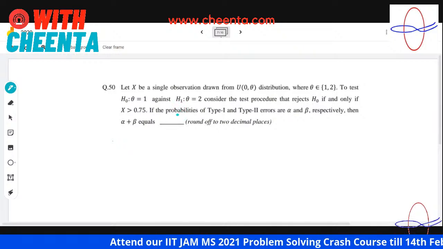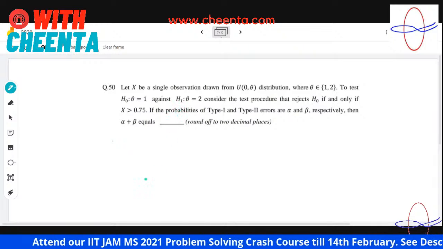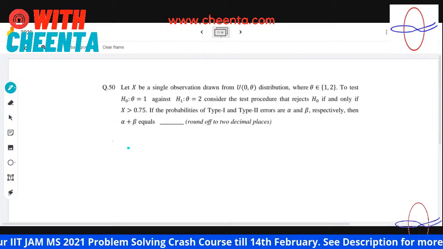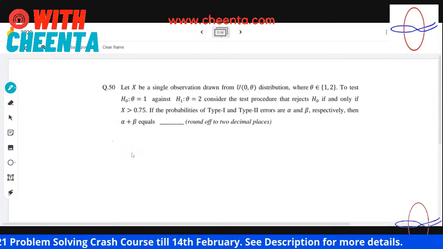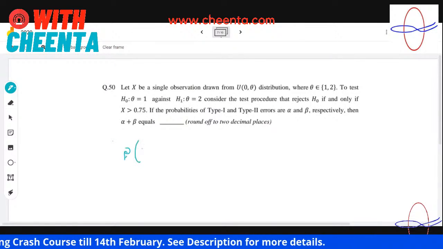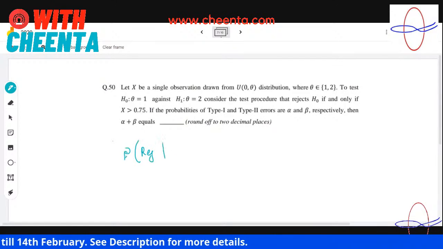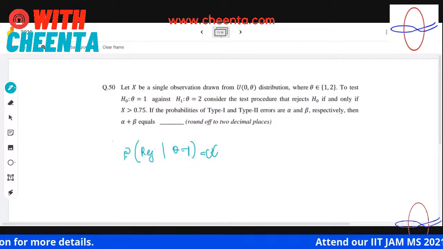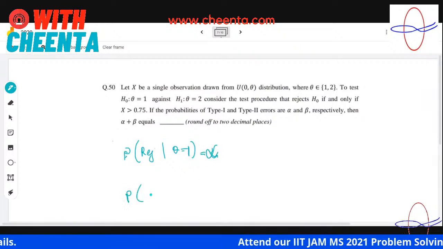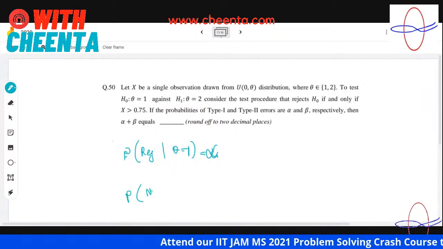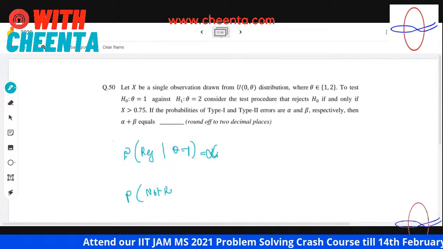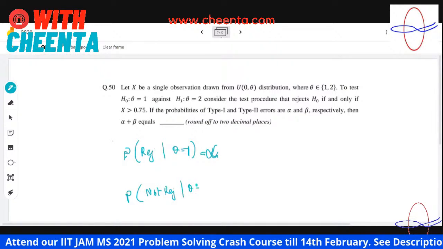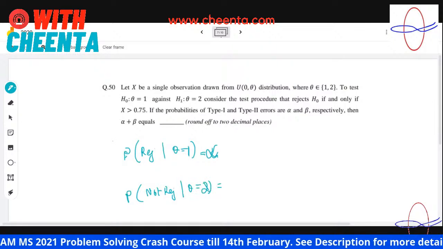And what will you test over here? So what is the probability of type 1 error? Alpha and beta. So we need to find alpha and beta. The probability of rejection given theta is equal to 1 is alpha, and the probability of not rejection given theta is equal to 2 is beta, right?